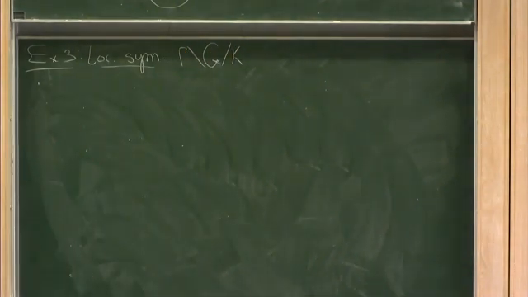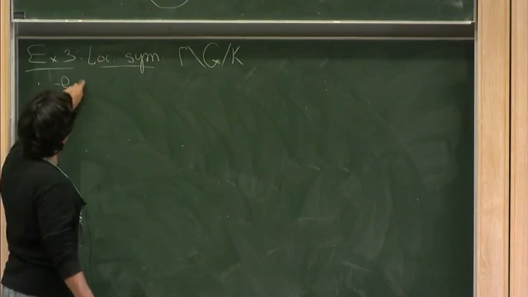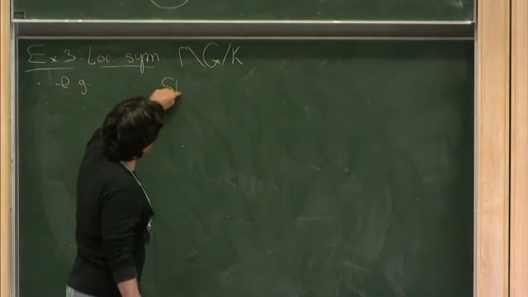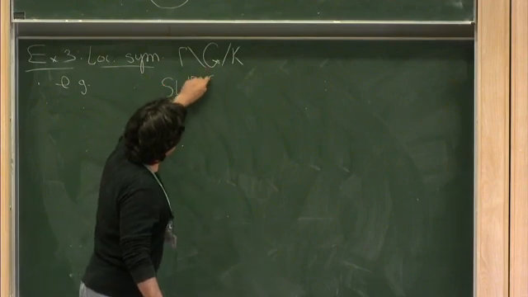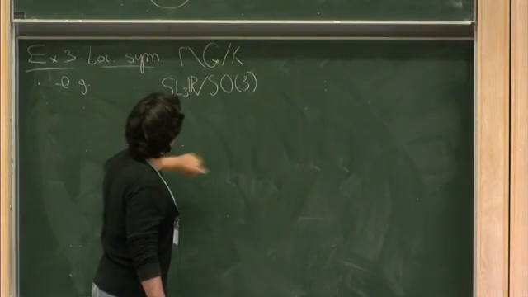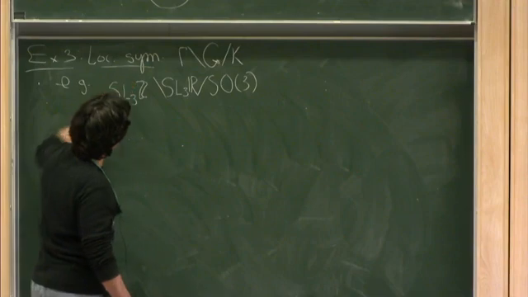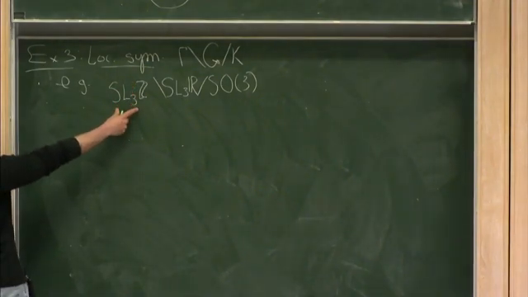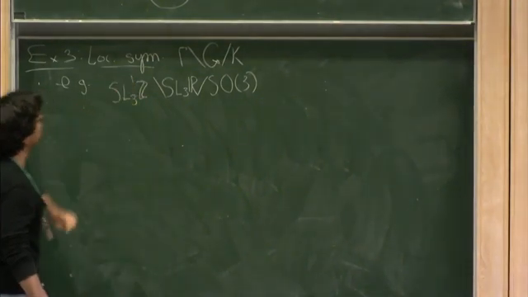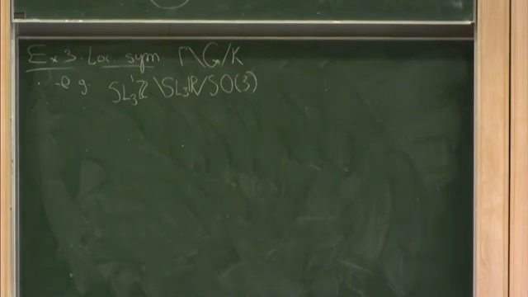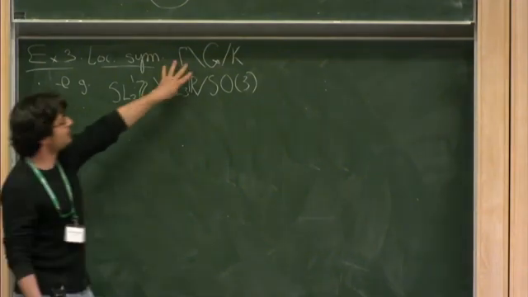You should think of something like SL3R mod SO3 mod, well, I want to write SL3Z, except there is a slight issue here because this has torsion, so I'll put a prime here, meaning that I take a finite index torsion-free subgroup. These are a large class of manifolds that are very well studied. They're complete Riemannian, non-positively curved, and finite volume when this gamma is a lattice.